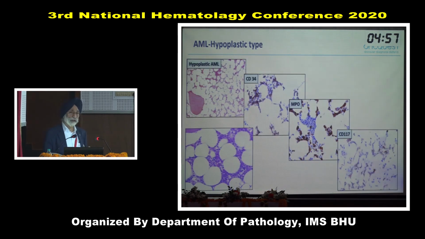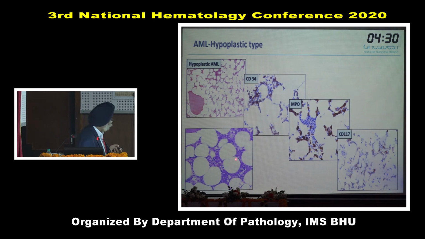Hypoplastic acute leukemia is one where we find that the marrow is like aplastic. If you see the various series, you will find that in adults at times it becomes difficult to differentiate whether we are dealing with a case of aplastic anemia or a case of hypoplastic AML, because the bone marrow aspirate is always inadequate because of the increased amount of fat.